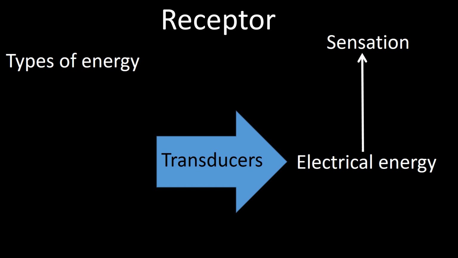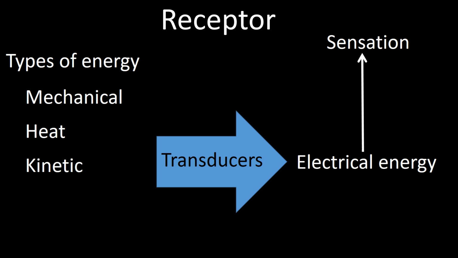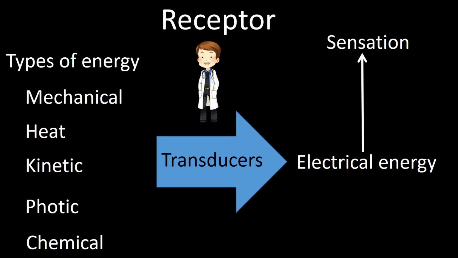Types of energy thus managed include mechanical, heat, kinetic, phonic, and chemical. During somatosensory testing, we usually evaluate receptors that transform mechanical energy, such as when using a neuropin for pinprick, a cotton tip for soft touch, a tuning fork for vibrations, heat or cold when testing temperature, and kinetic when using our fingers for manipulating the patient's limb during position testing.